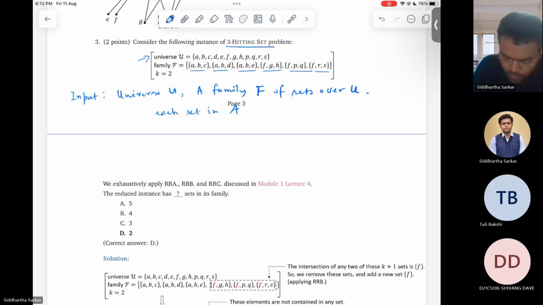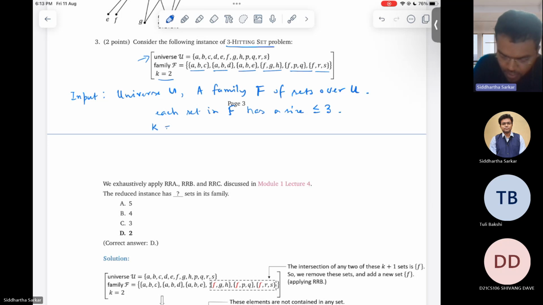Each set in F has a size at most 3, and we have an integer that is part of the input, which is the parameter.